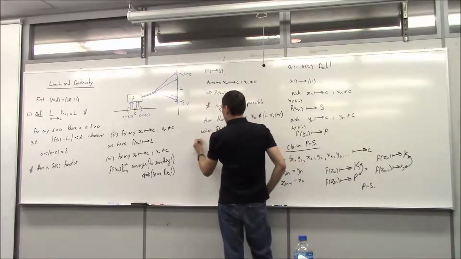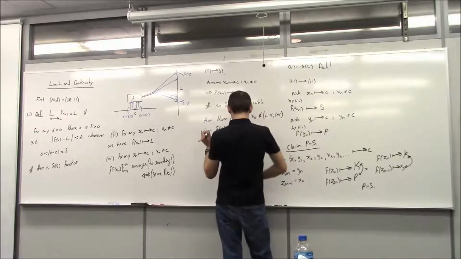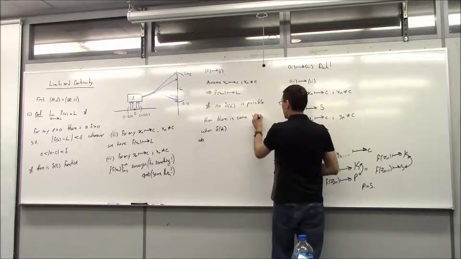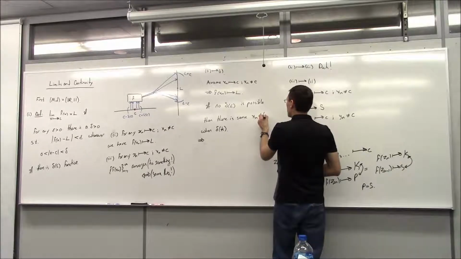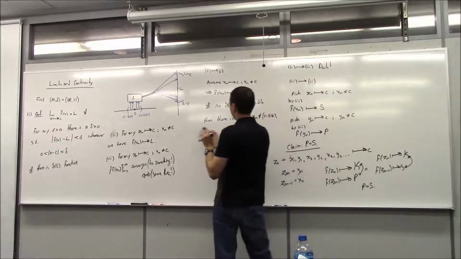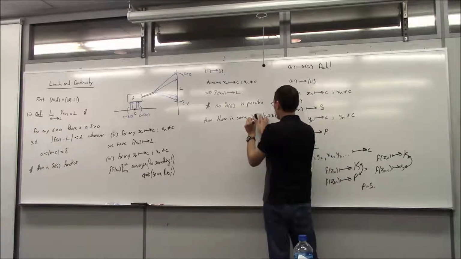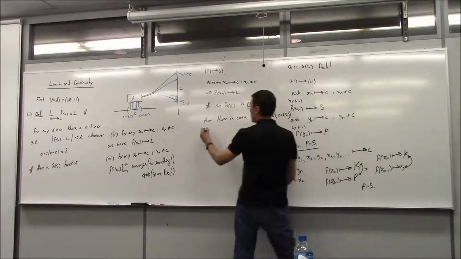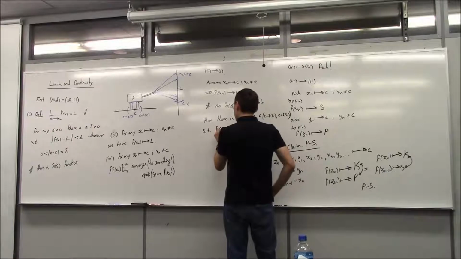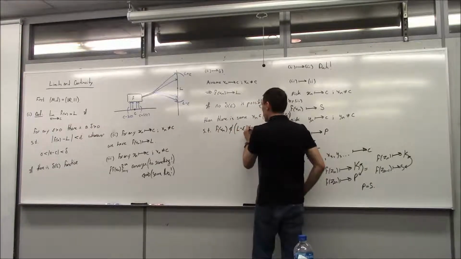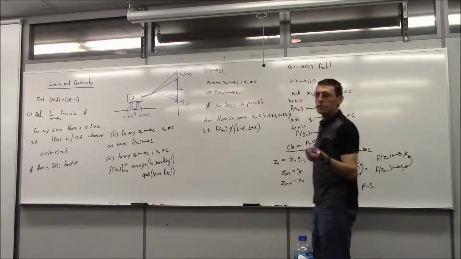So what we have is that there is some xn belonging to c minus delta of 1 over n to c plus delta of 1 over n, such that f of xn is not belonging to L minus epsilon, L plus epsilon. That's what I'm trying to say, right?